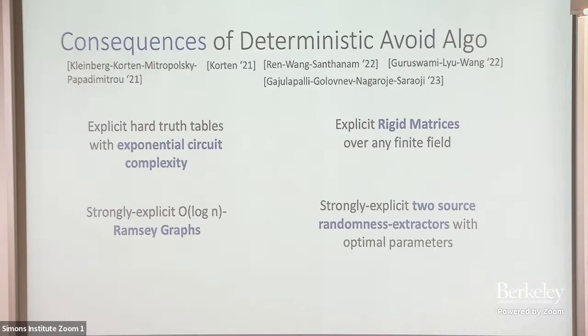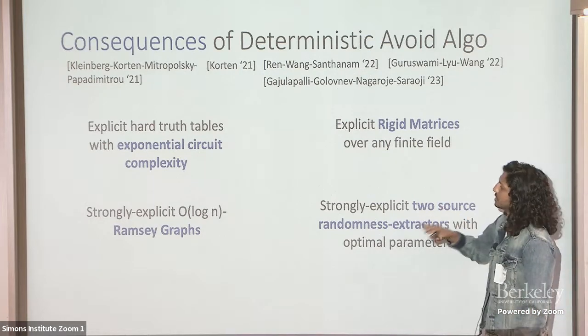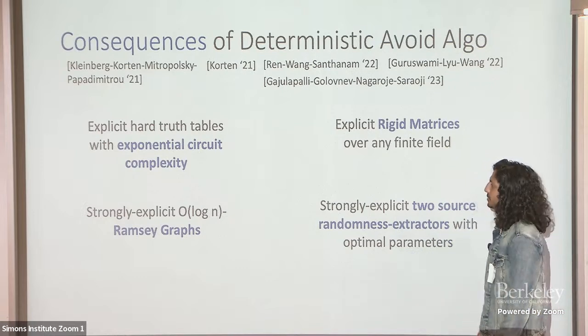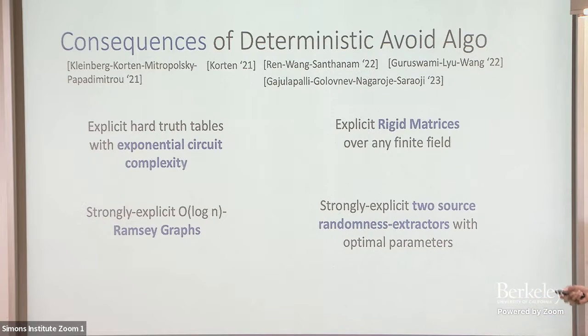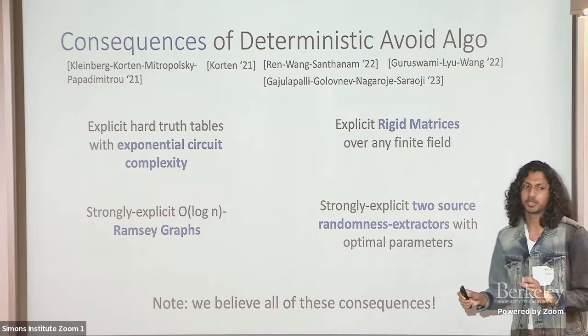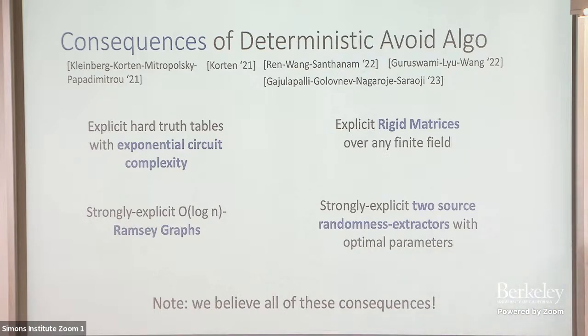What was known was that if you did have a deterministic algorithm, you had all sorts of amazing explicit construction consequences. You get explicit truth tables with high circuit complexity, good explicit Ramsey graphs, two-source extractors, rigid matrices, and so on. These were consequences that were really nice and things we didn't know how to prove, but they were all things that we believed. So it wasn't evidence that a deterministic algorithm shouldn't exist. It was just nice consequences of it.